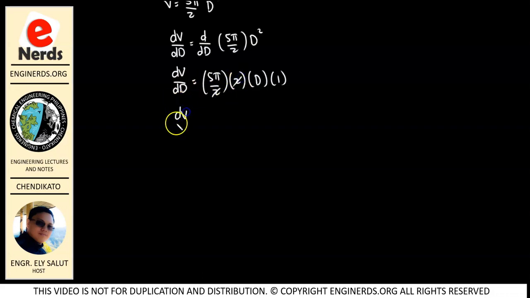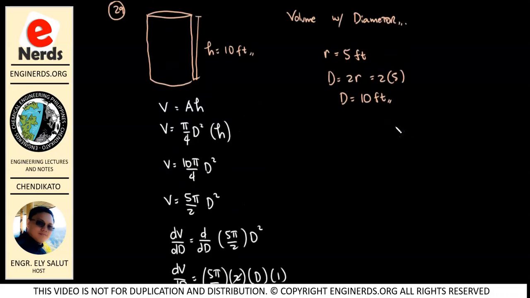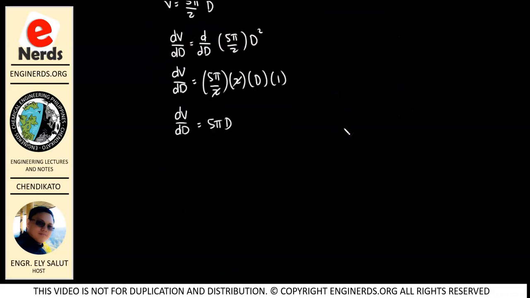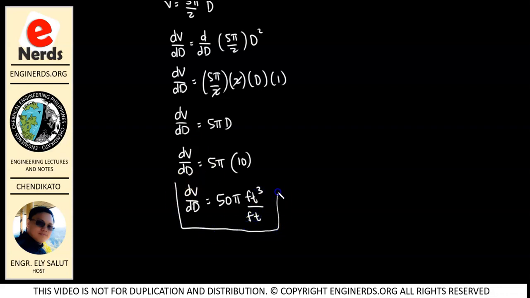So, dV over dd is equal to 5 pi d. Now, what's the value of our d? From here, our d is equal to 10 feet, no? So, substitute natin yan dito. So, we have dV over dd is equal to 5 pi times 10. Therefore, our dV over dd is equal to 50 pi feet cubed per feet. And this is our final answer for this problem.